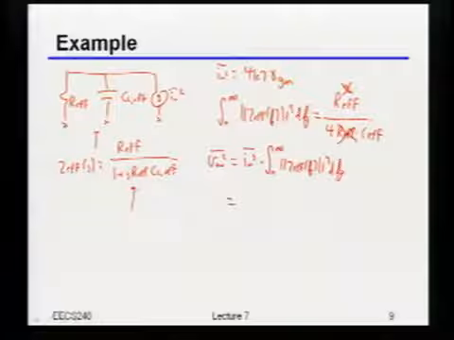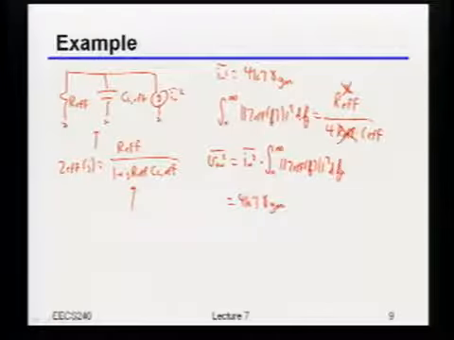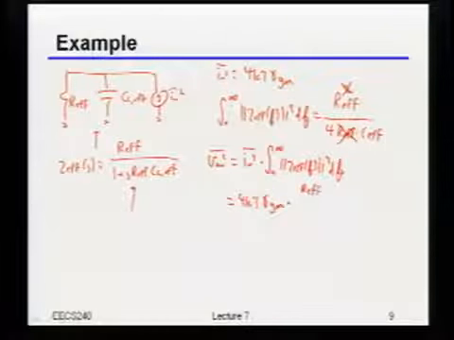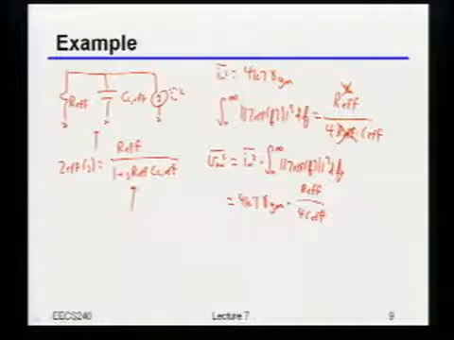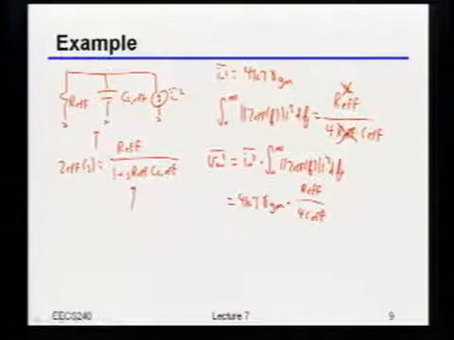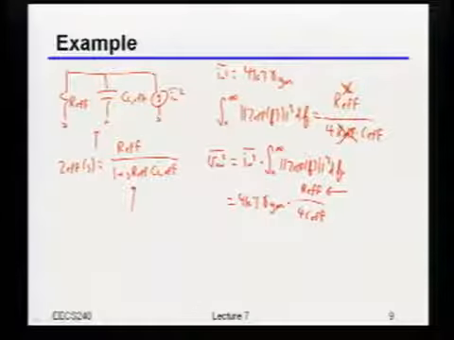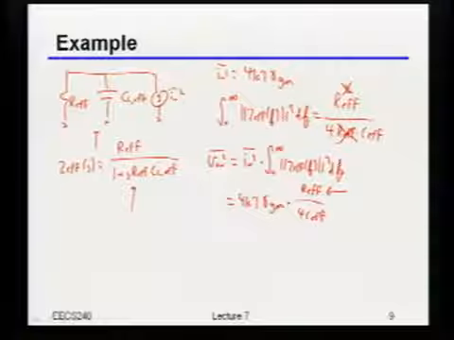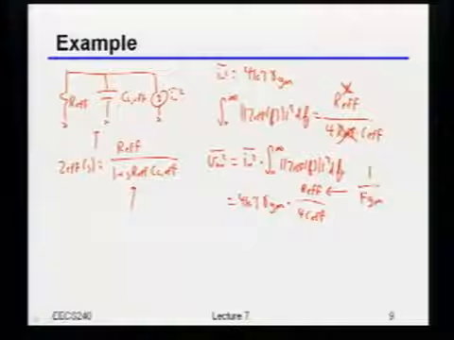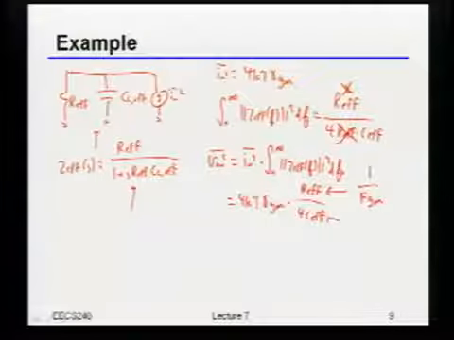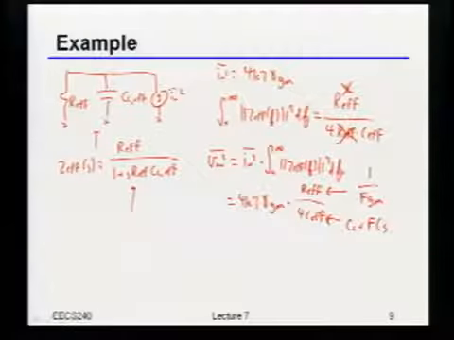And so if I just plug things in, I'm going to get 4 kT gamma GM times R effective over 4 C effective. So now, just as a reminder, or maybe you guys can remind me, what was R effective? 1 over F GM. Yeah, this was 1 over F GM, right? And again, that C effective, that was just CL plus F CS, okay?